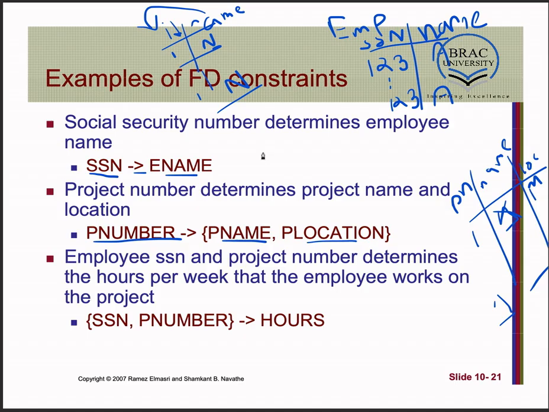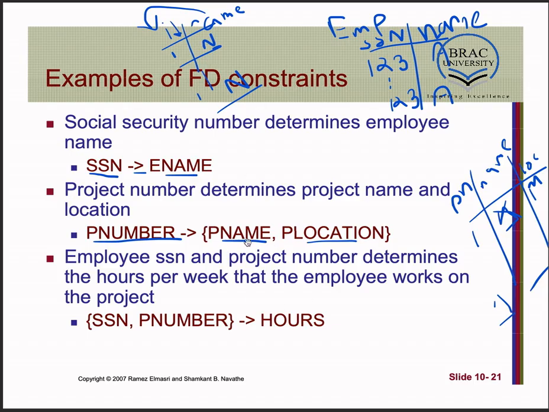So my employee ID will actually determine my name, because for my ID I will always have the same name. However, other people might also have my name, a similar name, which is Najifa, but they will have a different ID. So name is actually not determining the ID, but ID is always determining the name. That's why name is dependent on ID, but ID is not dependent on name.